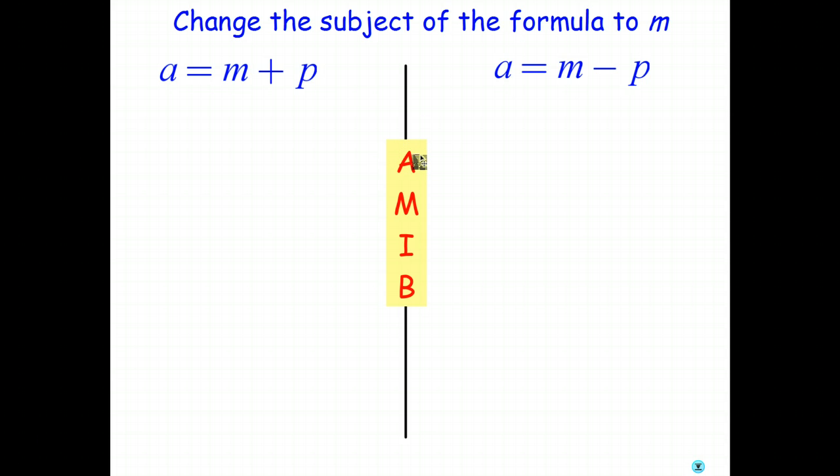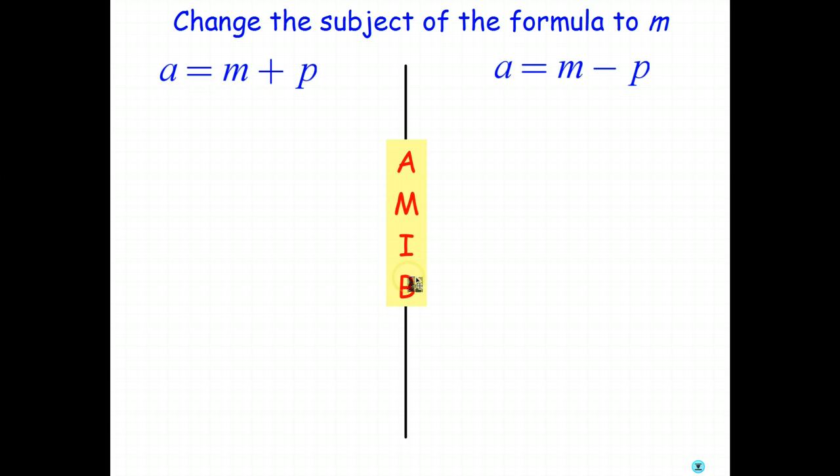To solve equations, or to change the subject of a formula, you basically undo those steps in the opposite order. So the first thing I have to do is undo any adding and subtracting. Then I undo multiplying and dividing. Then I undo indices. And the last step is I undo any operations inside the brackets.